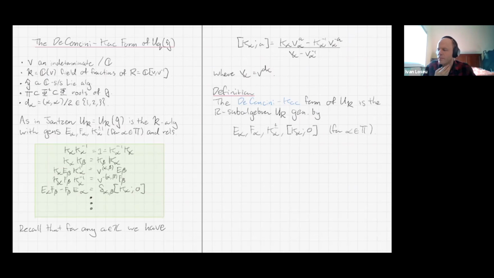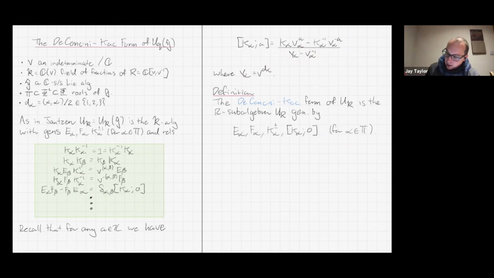Obviously I want something like an integral form, so I don't want to divide. So I'm just including a generator which basically contains this element.